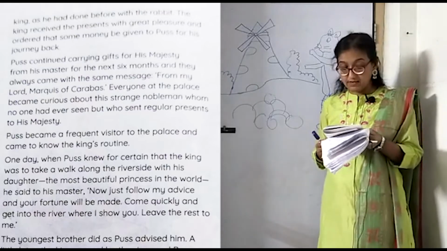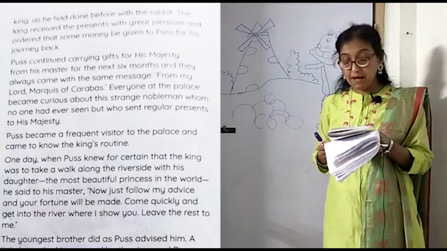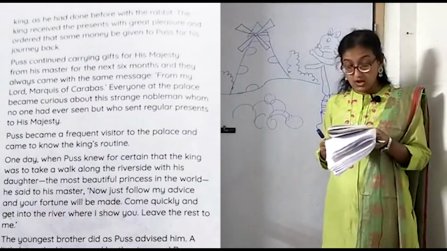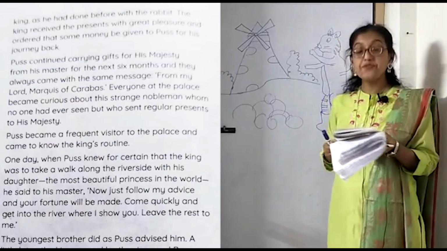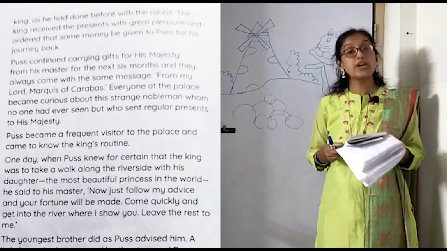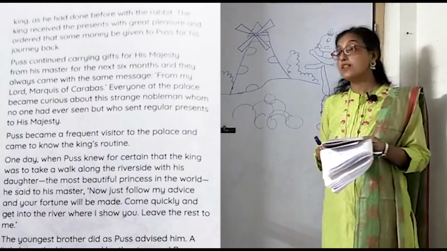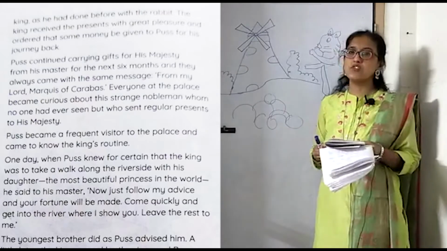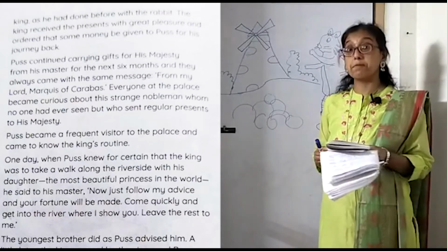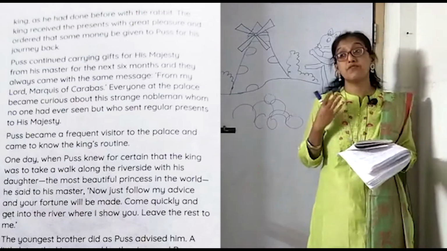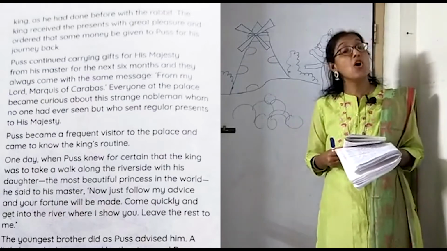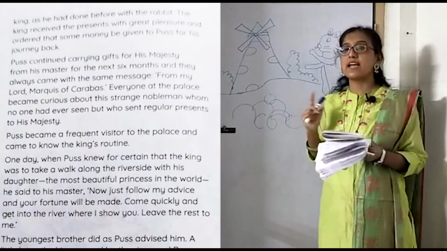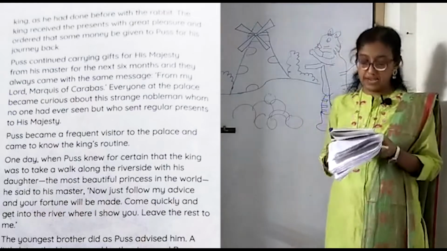Everyone at the palace became curious about the strange nobleman whom no one had ever seen, but who sent regular presents to his majesty. Now, this Marquis of Carabas was never seen, but the presents were very much worthy for the king, and slowly the king got interested in this particular character, that is the Marquis of Carabas.